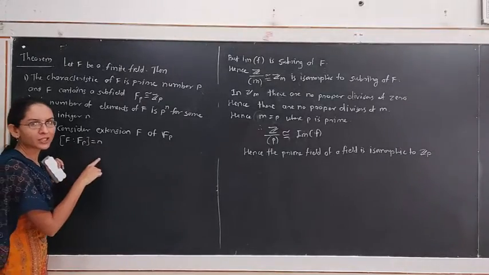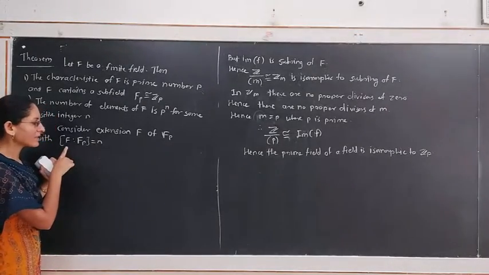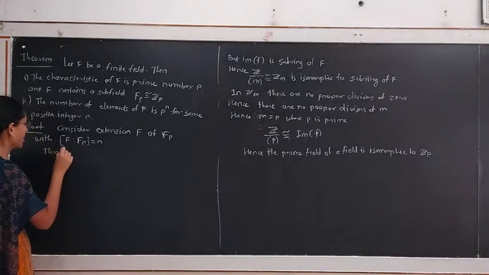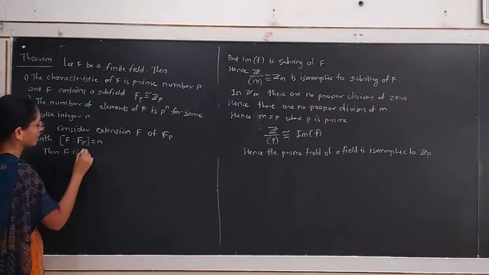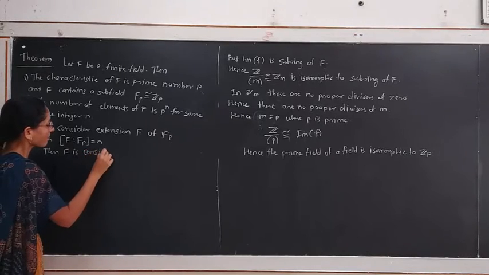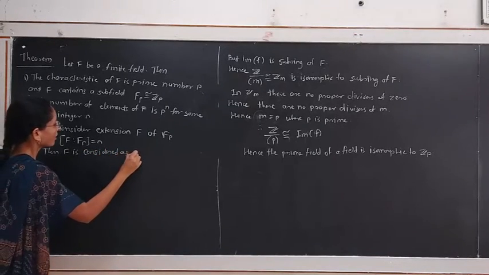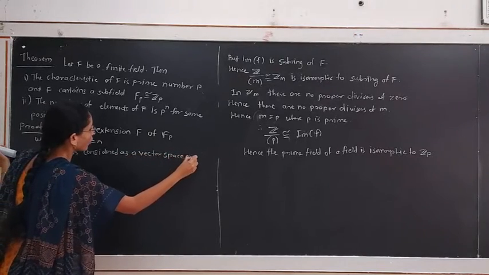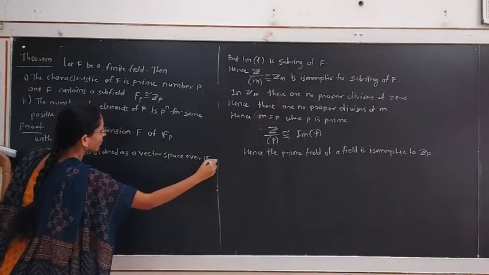Suppose this degree of extension is n, then F can be considered as a vector space over Fp.